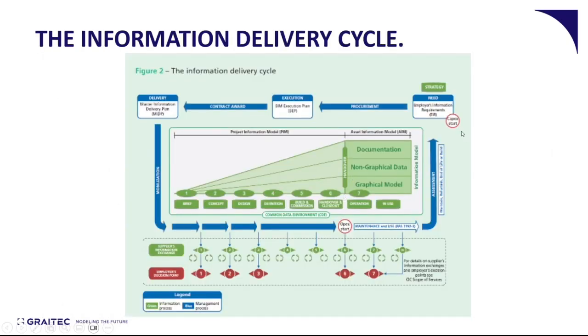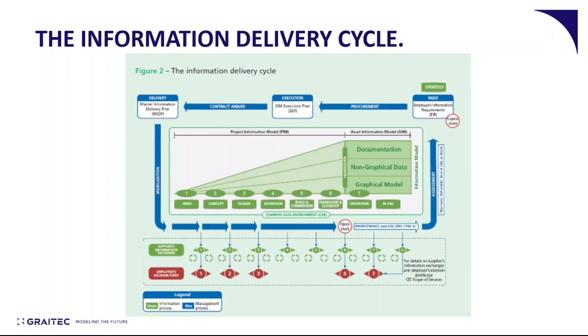If we take a look at the traditional information delivery cycle, here at the delivery stage, we can see that we have a requirement to present information at certain stages throughout the process. These, as I've mentioned, are referred to as data drops. So certain information has to be presented at a certain stage, and that information needs to be standardized.